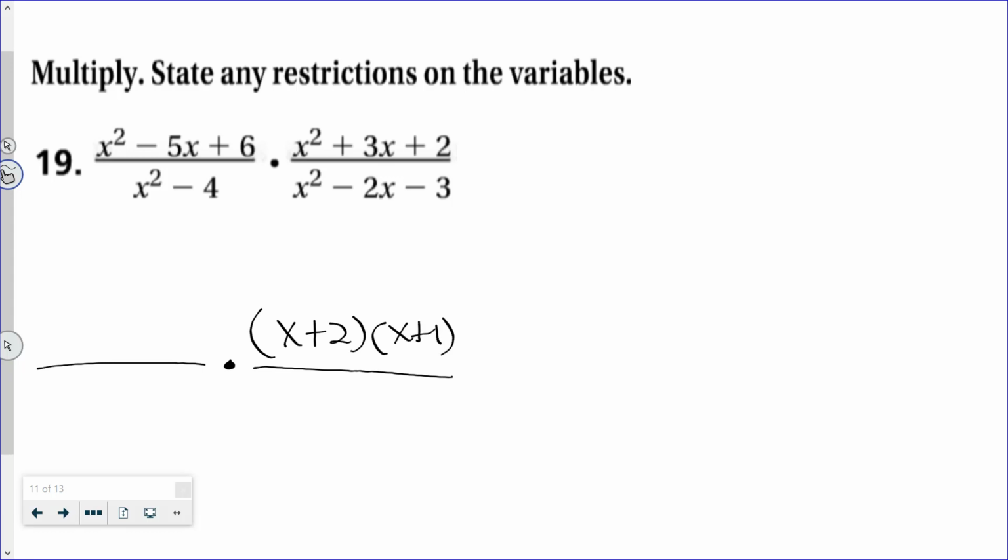Do you want me to just do them all on the board? Would that be better? Okay. I got x minus 2 and x minus 3 for the top left. That's correct. Is everyone satisfied with these so far?